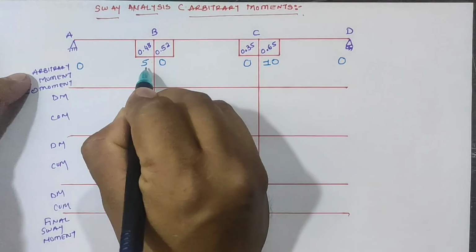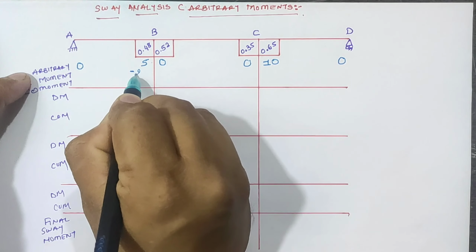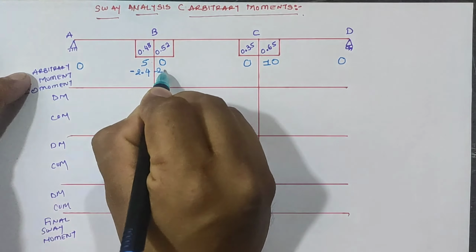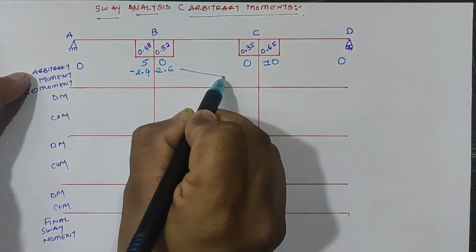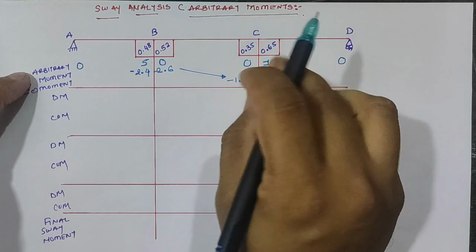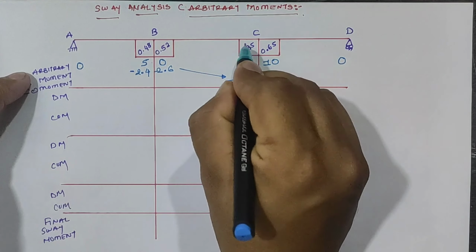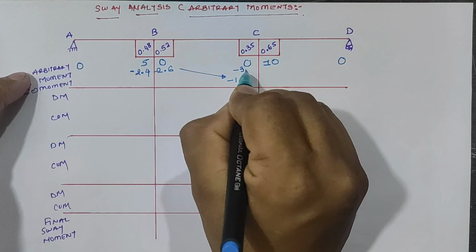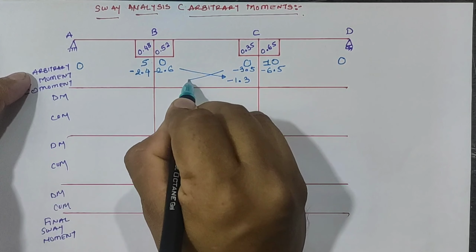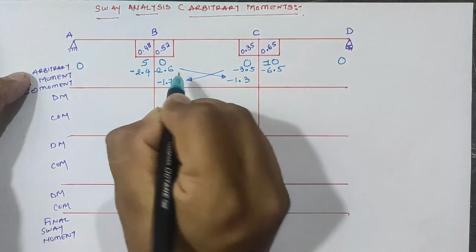Now according to the non-sway analysis, we have to analyze this value according to the distribution factor. So our distributed moment is 5 into 0.48 as minus 2.4, 5 into 0.52 is minus 2.6, carried over to the nearby joint as minus 1.3. Now at C the total value is 10, so the distribution is negative. So 10 into 0.35 is minus 3.5 and minus 6.5, which is carried over to the nearby support as half value, so minus 1.75.